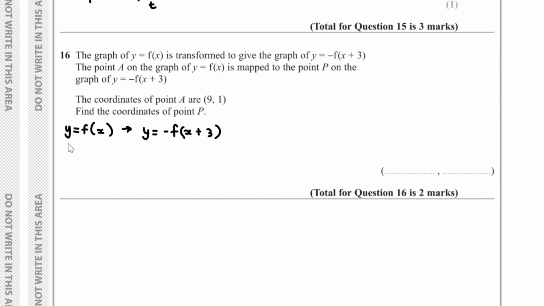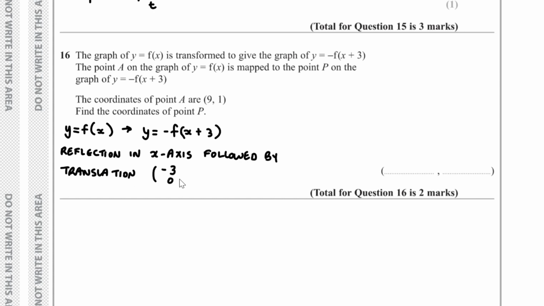What we have over here is a reflection in the x-axis followed by a translation by a vector minus 3, 0.